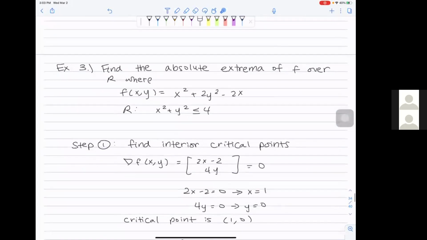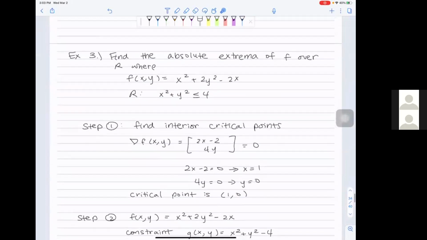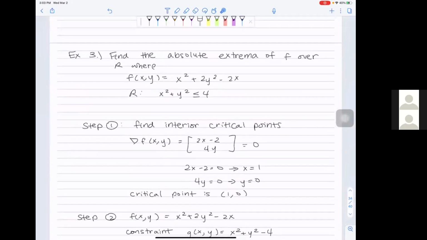Let's do this one. So it says find the absolute extrema of f over R, where f is this function and your region is this. So your region now is a disk again. Okay, first step, you find your interior critical points, which always means that you find the gradient and set it equal to 0.